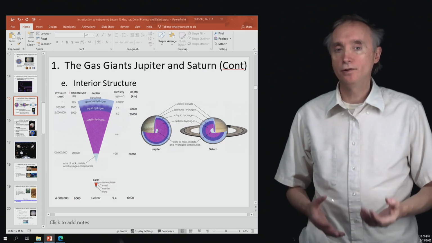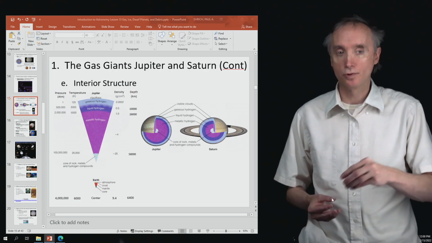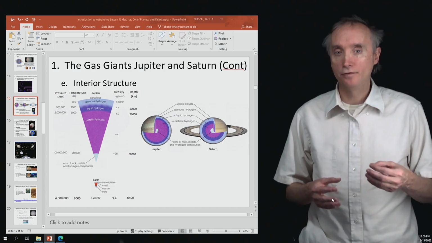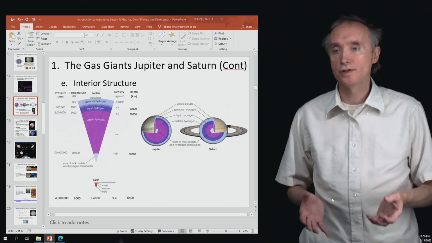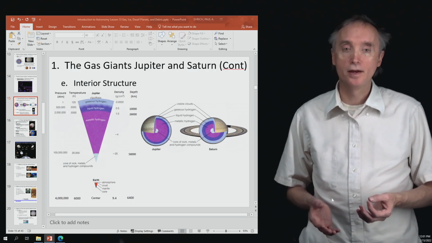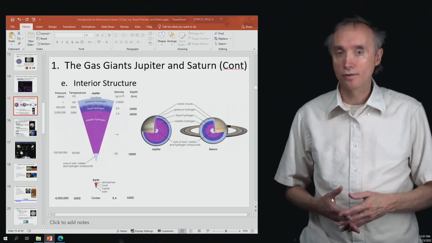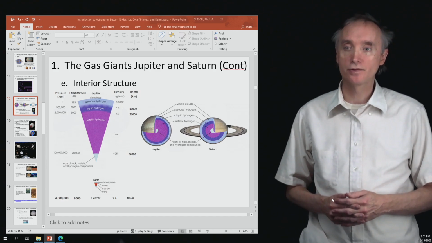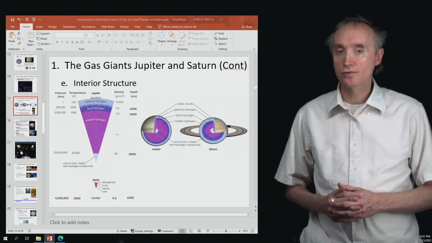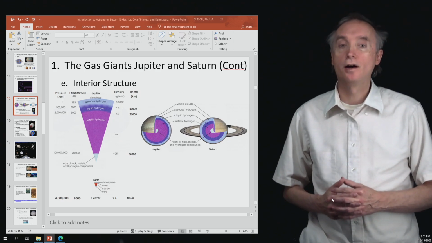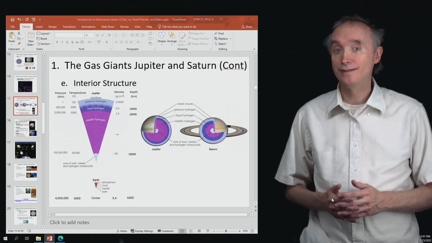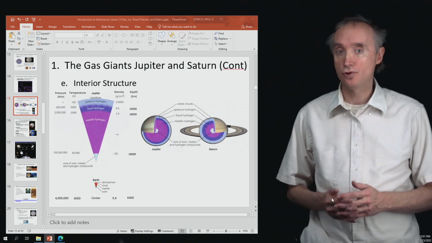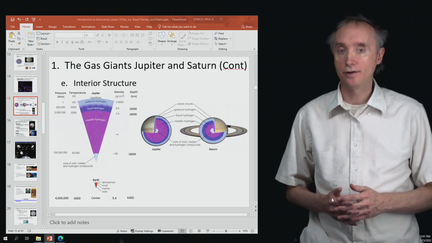So if we increase the pressure enough, those electrons will come off, and then we have ionized the hydrogen, and those electrons are free to go anywhere that they want. Well, that's the definition of a metal. In a metal, the electrons are free to go anywhere that they want. So this metallic hydrogen is going to be the origin of the magnetic field of Jupiter.